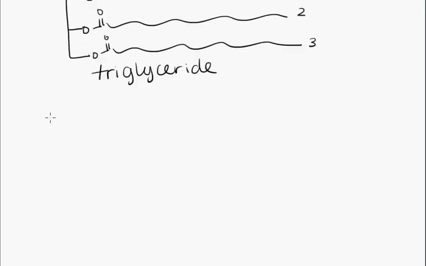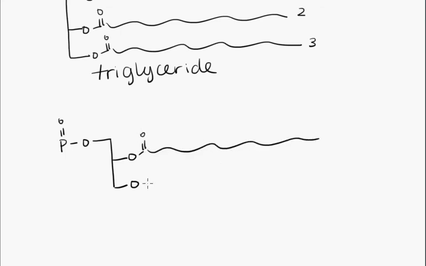There's one other type of lipid that we're talking about, and that's a phospholipid. So I'm not going to draw how those are made. I'm just going to draw the result. So this is from 2 fatty acids and a phosphate group.